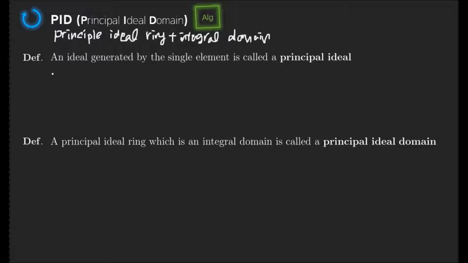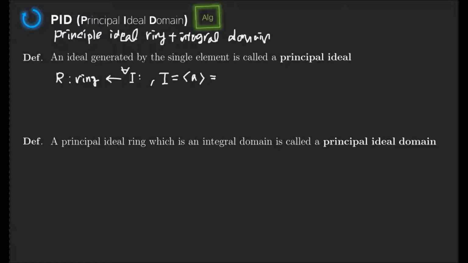This means when we have a ring R and we want to observe an ideal, the ideal is written as generated by a single element a.